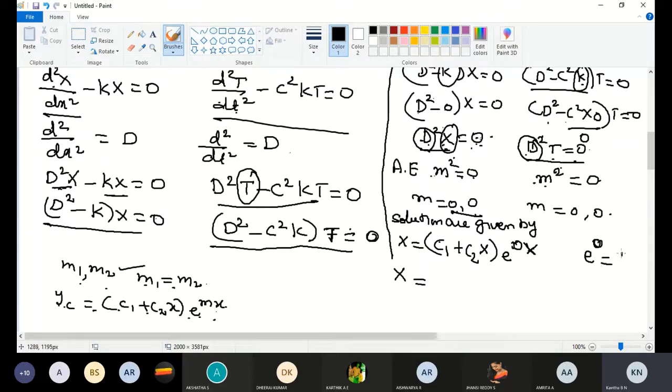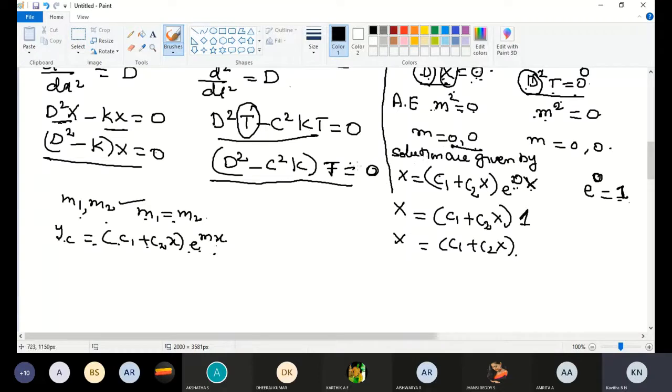The value of e to the power of 0 is 1. So c1 plus c2 X into e to the power of 0, which is 1. So X is equal to c1 plus c2 X.